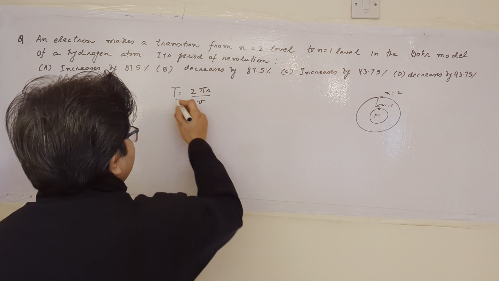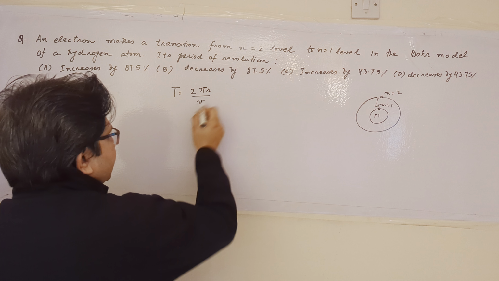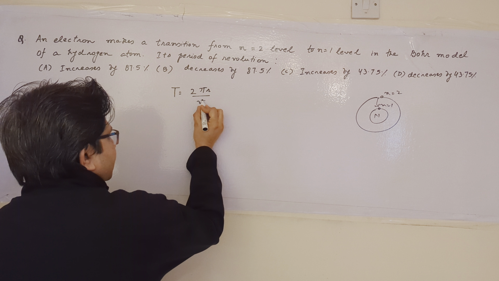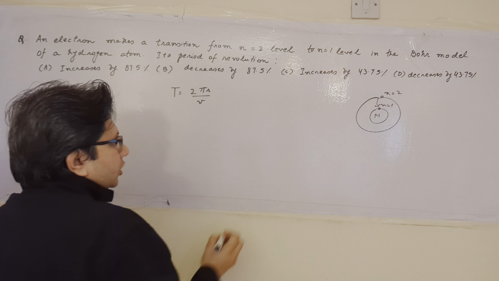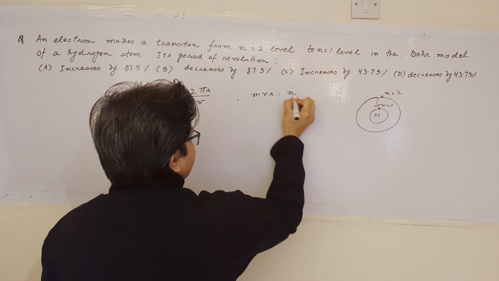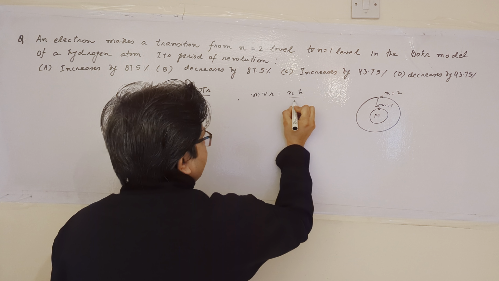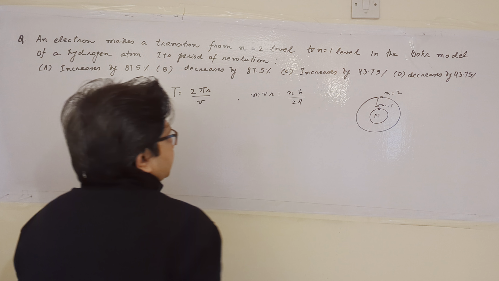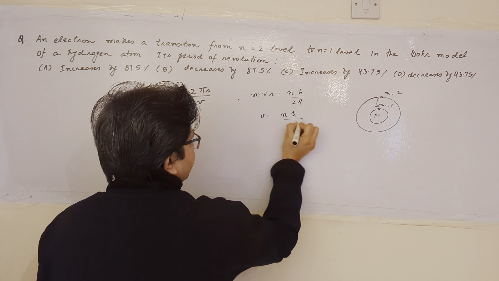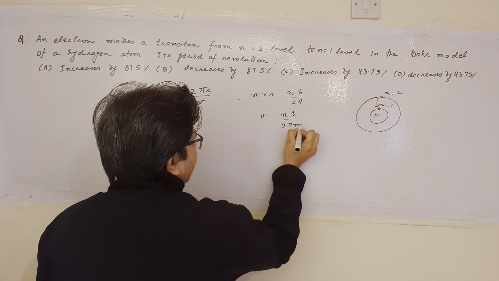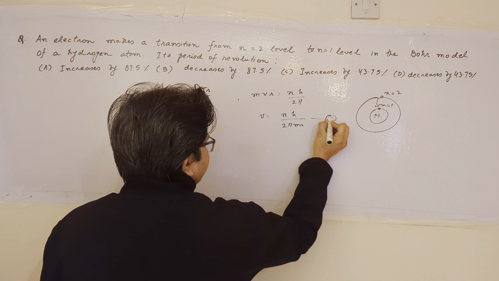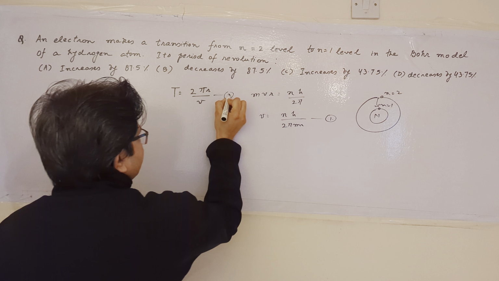Now we know that the time period of revolution is 2 pi r upon v. This is the circumference and this is the velocity. So circumference upon velocity is the total time period. Now we also know that mvr is equal to nh upon 2 pi. Now from this relationship, we can calculate v. v is nh upon 2 pi mr. Let us call this equation 1 and this is equation 2.